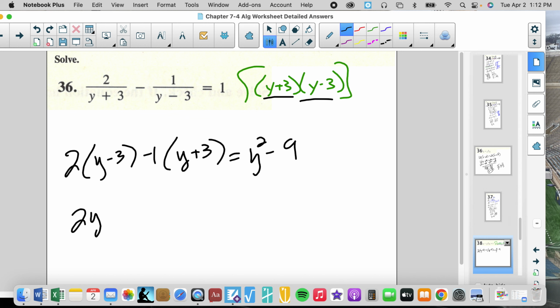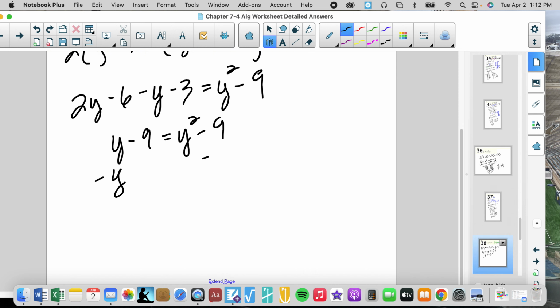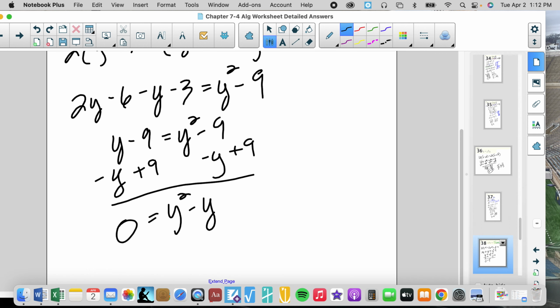So 2y minus 6 minus y minus 3 equals y squared minus 9. Let's simplify the left side. y minus 9 equals y squared minus 9. We're going to move the y over. We're going to move the constant over. 0 equals y squared minus y.